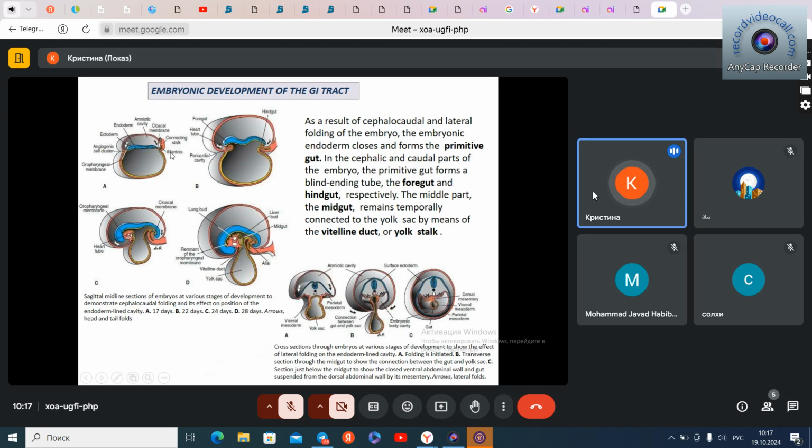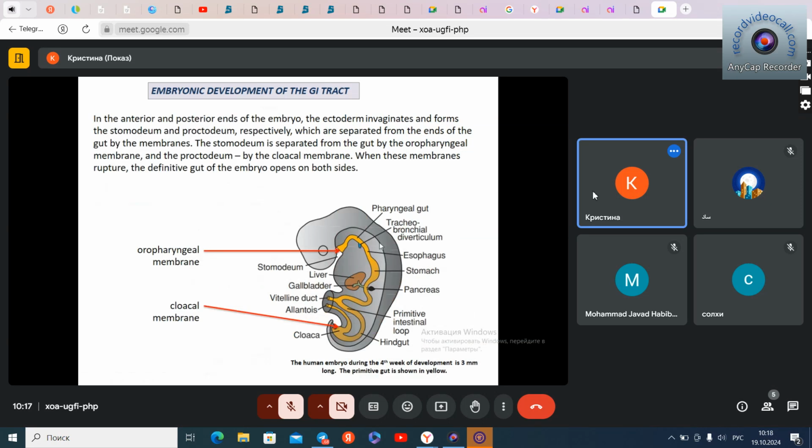As a result of cephalocaudal folding shown here, and the lateral folding shown here, we have the closed primitive gut, shown in yellow color. This is the epithelium of the gut, the future intestine. Here it is shown also in yellow color.